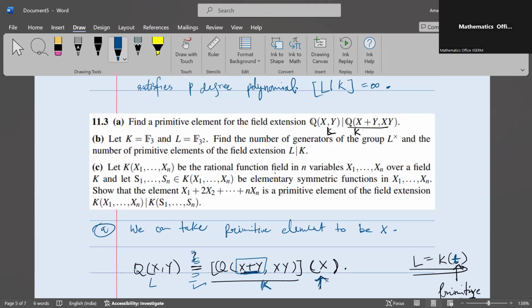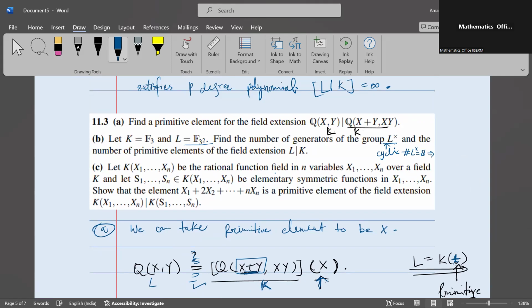Find the number of generators of the group L star. So this is a finite field, and for a finite field, L star is cyclic. The order of L star is just 8.